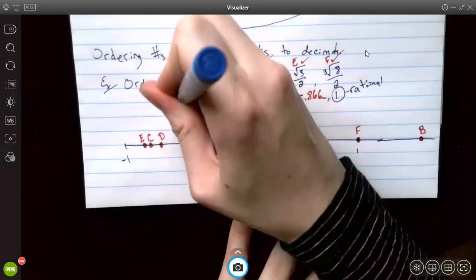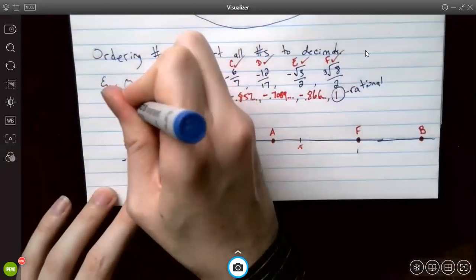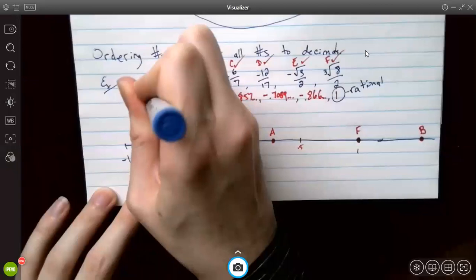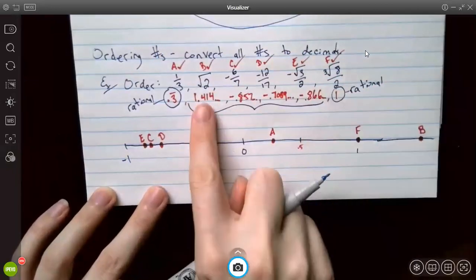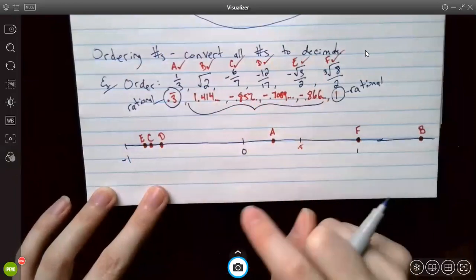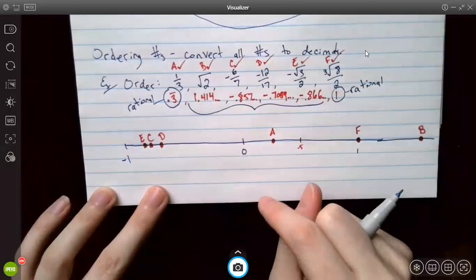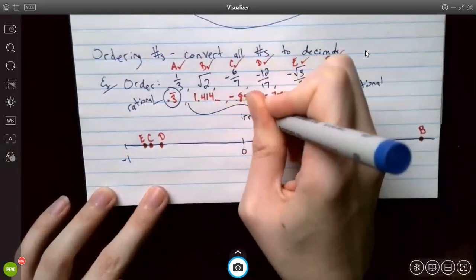And our repeating number over here, 0.3 repeating, is also rational. All the rest do not end, they keep going, and they don't repeat. They're not repeating numbers. Okay, so all of these are irrational.